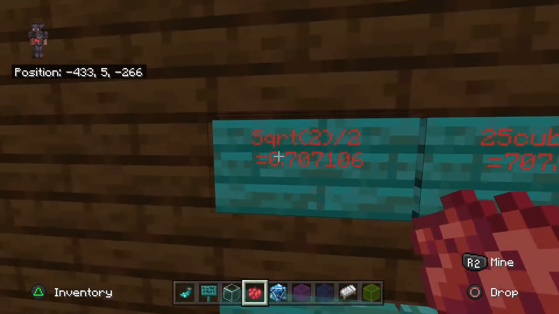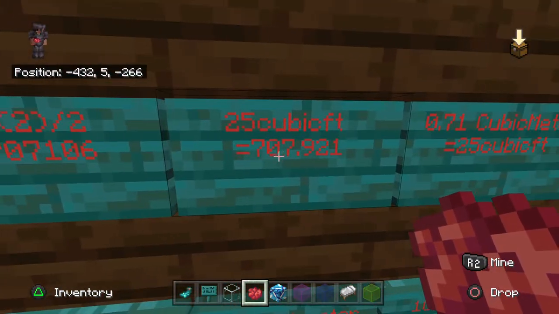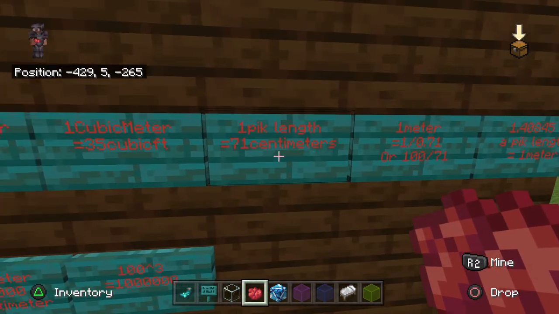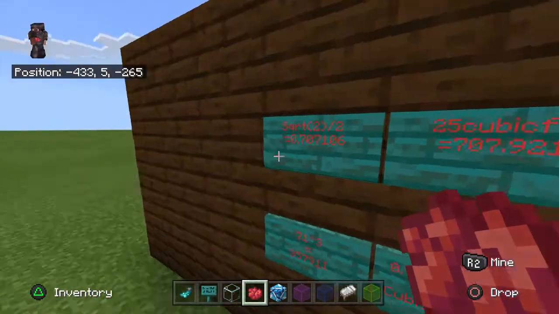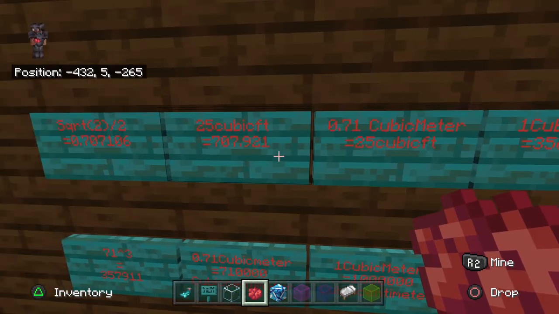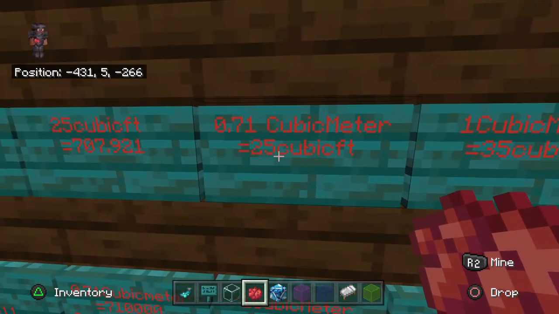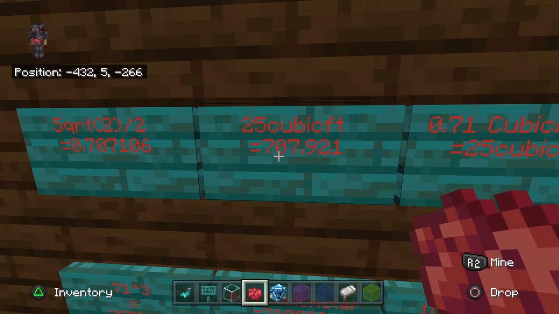I just find it interesting that those numbers correlate, that 71 centimeters, which I got from the square root of 2 divided by 2, is 25 cubic feet, which in turn goes back to 707.921 liters.